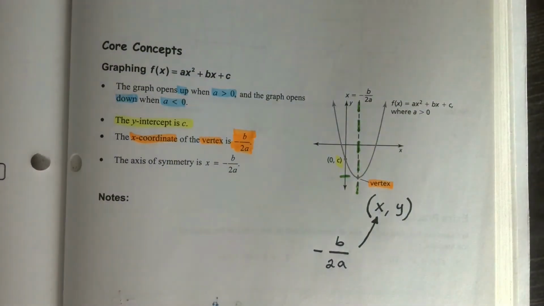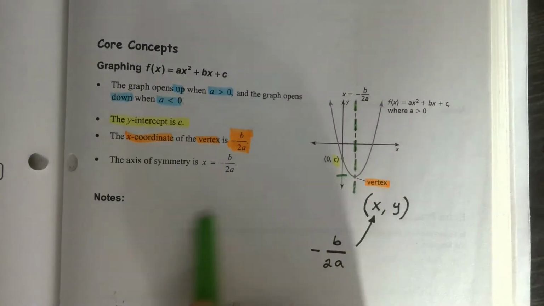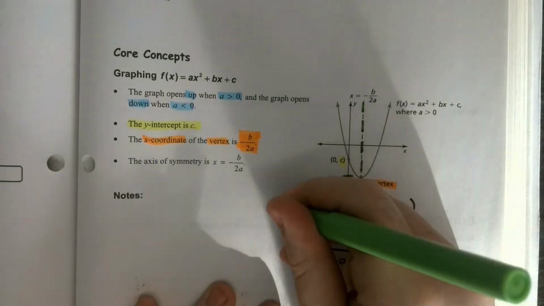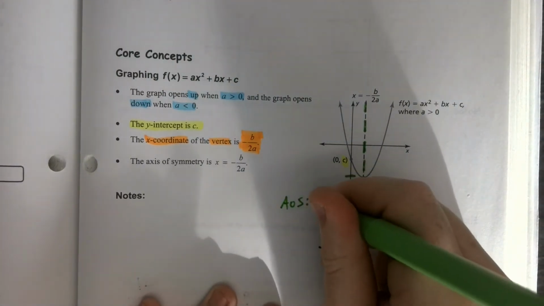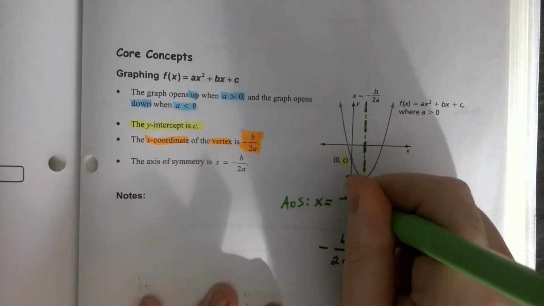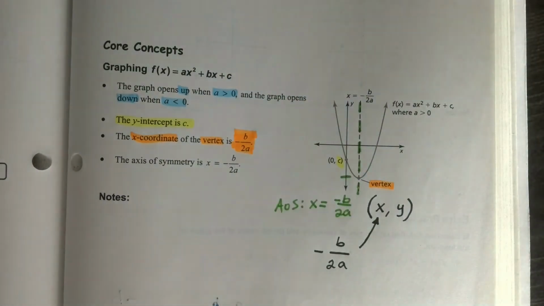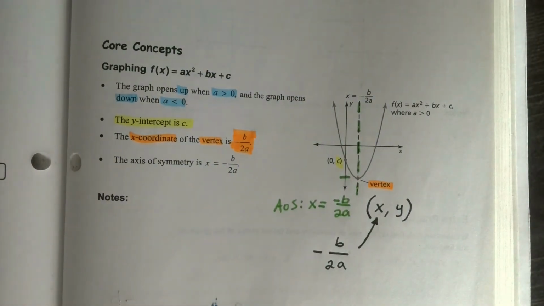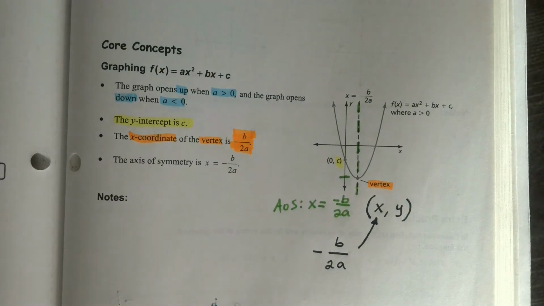So if you know what the x-coordinate of your vertex is, that number will be your AOS. That means your AOS is also going to equal negative b over 2a. And you'll see me write it with the negative up next to the b. It doesn't change anything. That's just the way that I have always written it. You can totally write it with the negative next to it as long as you remember to put it there.